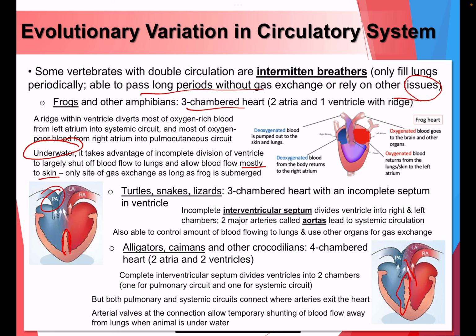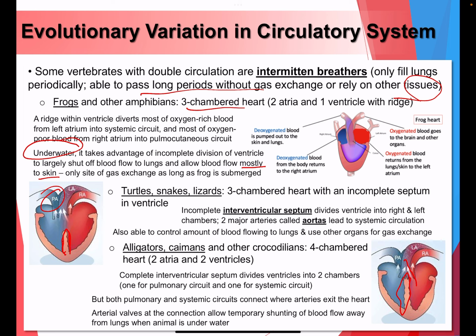And then for humans, that little connection between the big blood vessels at the top of the heart where blood exits is completely closed off, because we need a completely separate pulmonary circuit and systemic circuit to make sure there's very efficient oxygen pickup and carbon dioxide drop off. So that's why we can't afford for blood to mix.